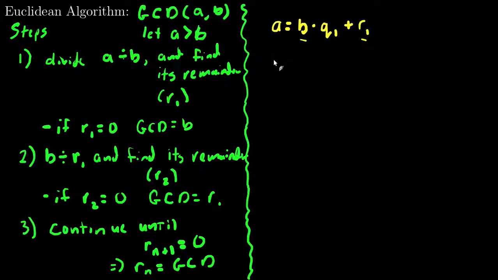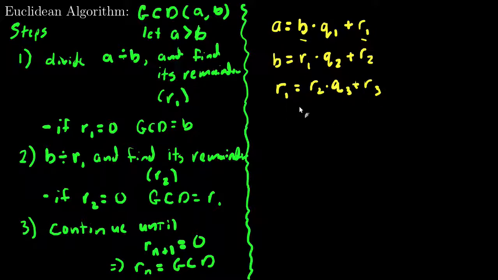So now, I'll say that b can be written as the first remainder times some other number, and that leaves me with some other remainder. And I continue through this process. This remainder has to be smaller than the first remainder, so r2 has to be smaller than r1, so r1 can be written as r2 times some integer plus a third remainder. And this continues.